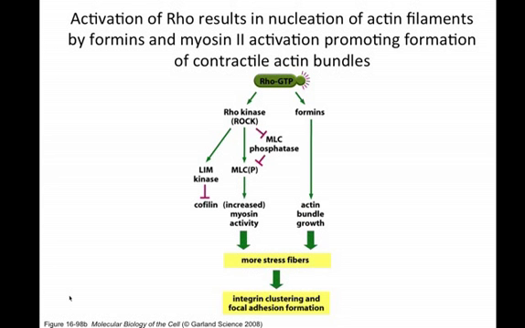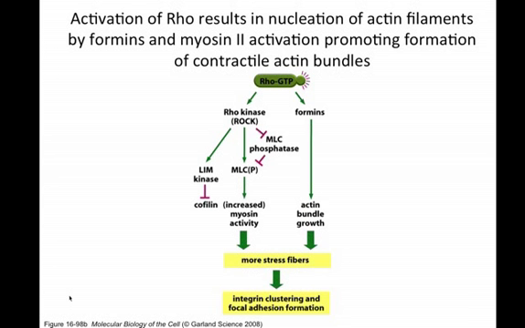Yes. So the Rho family generates cell polarity, which is like a process on the cell surface that's only on one side of the cell, not the other. That's what cell polarity is. Polarity just means this side of the cell's going this way and this side of the cell is going another way. So directionality of the cell.